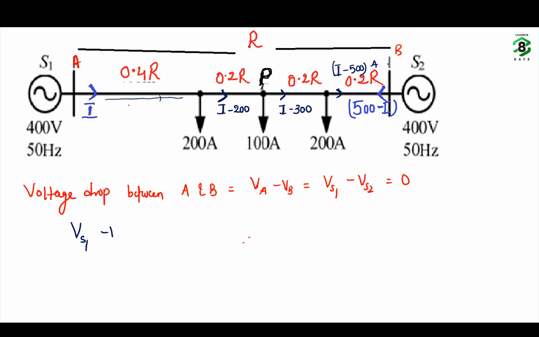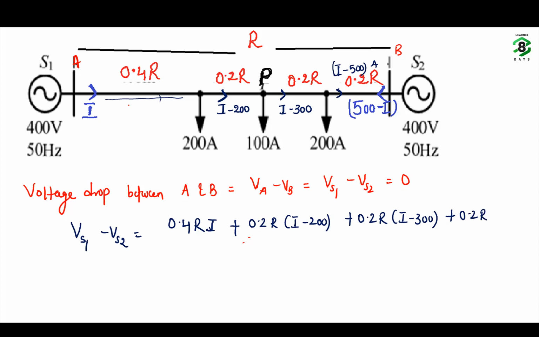Now if you calculate the voltage drops, VS1 minus VS2 will become 0.4 R I, plus 0.2 R into I minus 200, plus 0.2 R into I minus 300, plus 0.2 R into I minus 500.